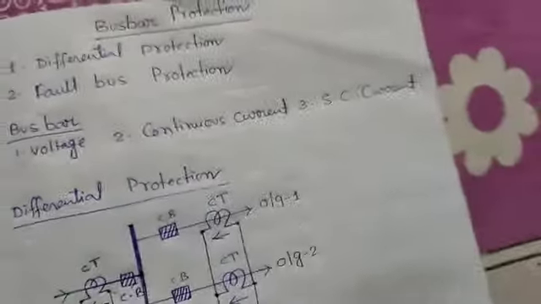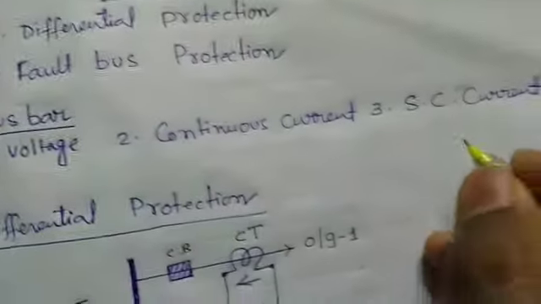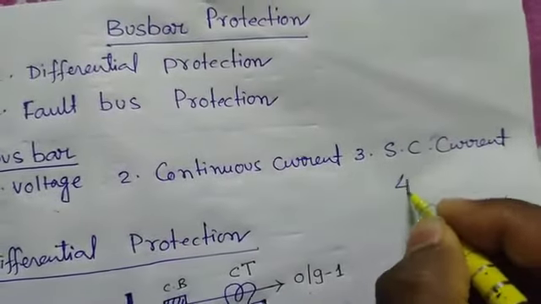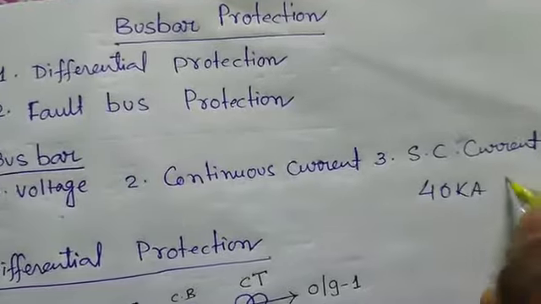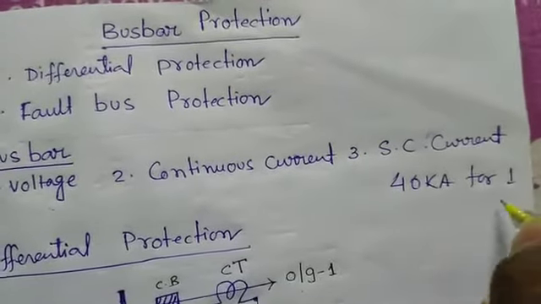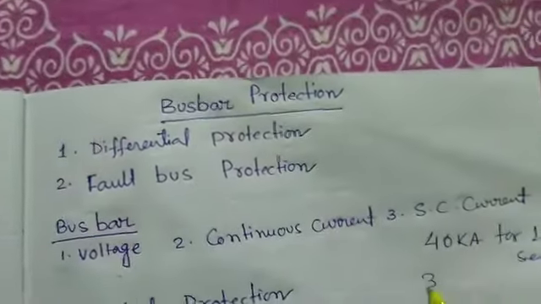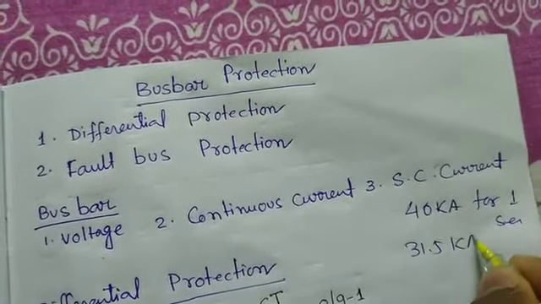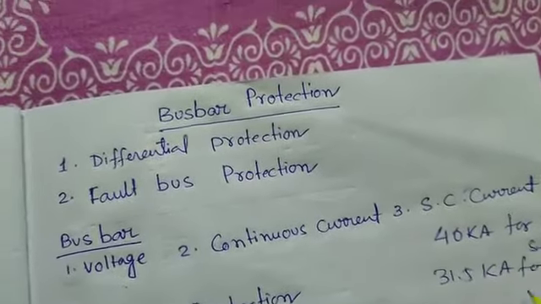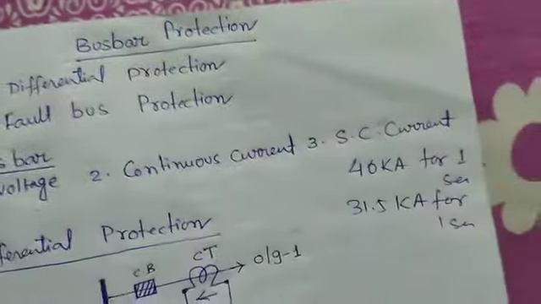So the short circuit current capacity for 400 kV may be 40 kA for 1 second, or 31.5 kA for 1 second.